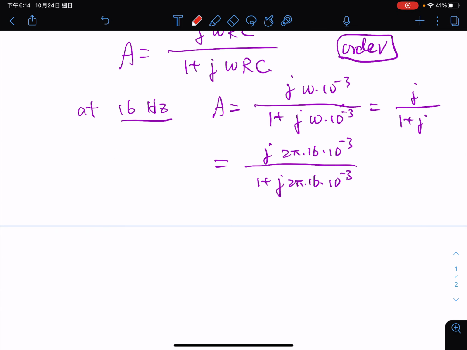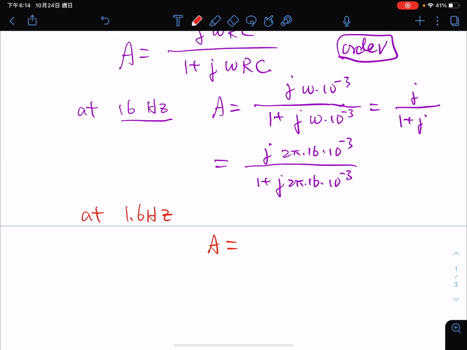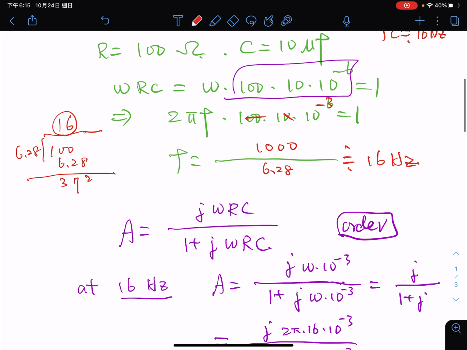So at 1.6 hertz, how much will that be? Let me see if I made a mistake.